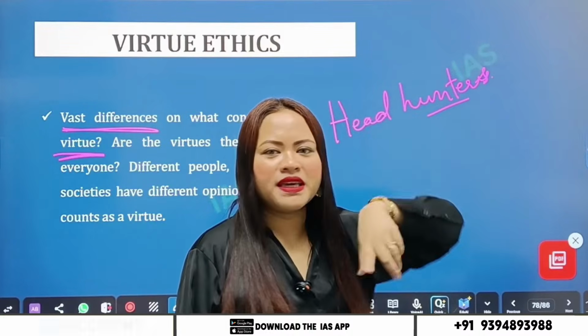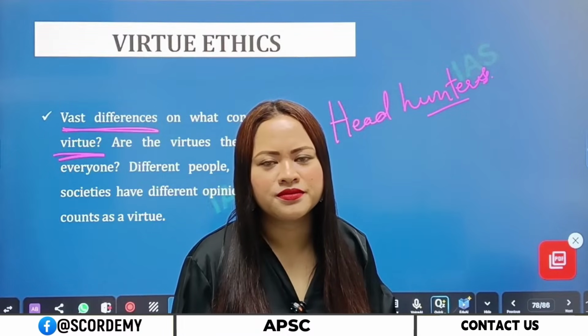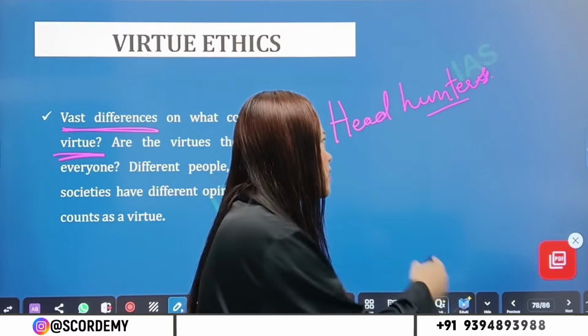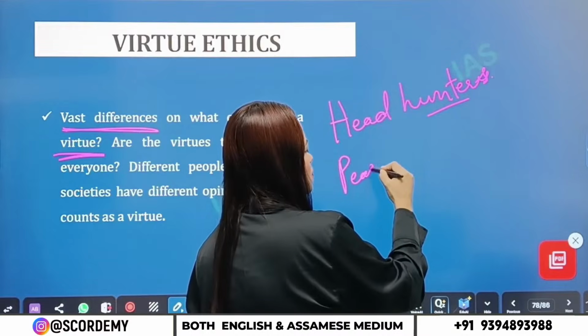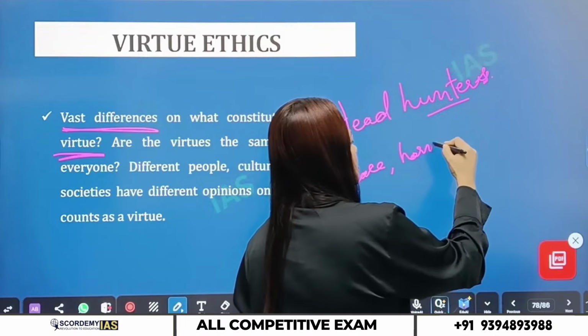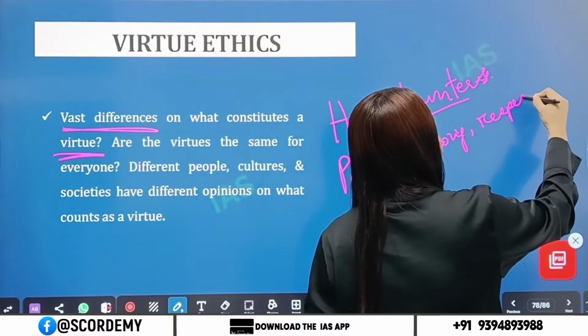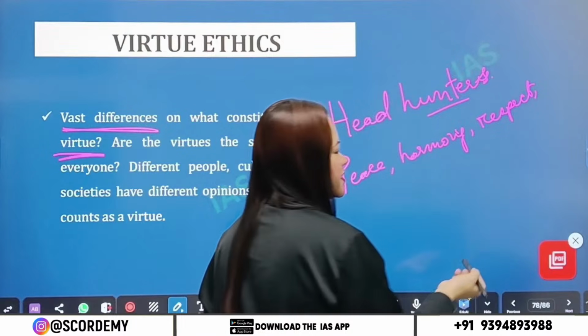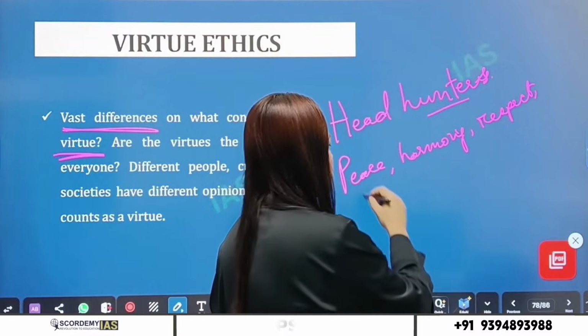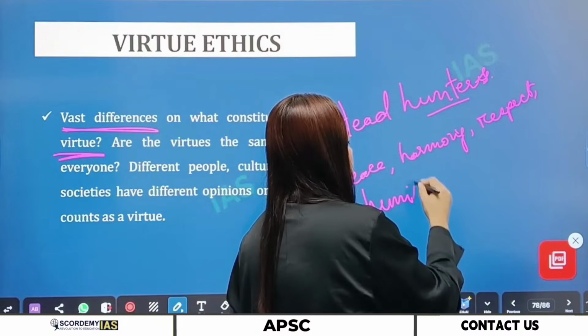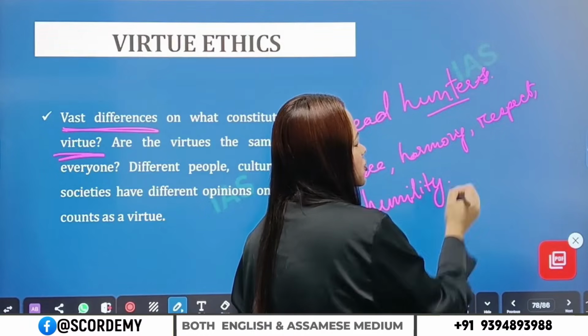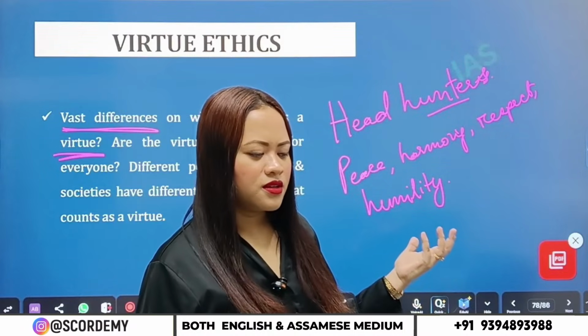But will it be applicable in today's society? No. In today's society, we are looking for peace, harmony, respect, rights of other persons, and humility. So these are the virtues in today's society.